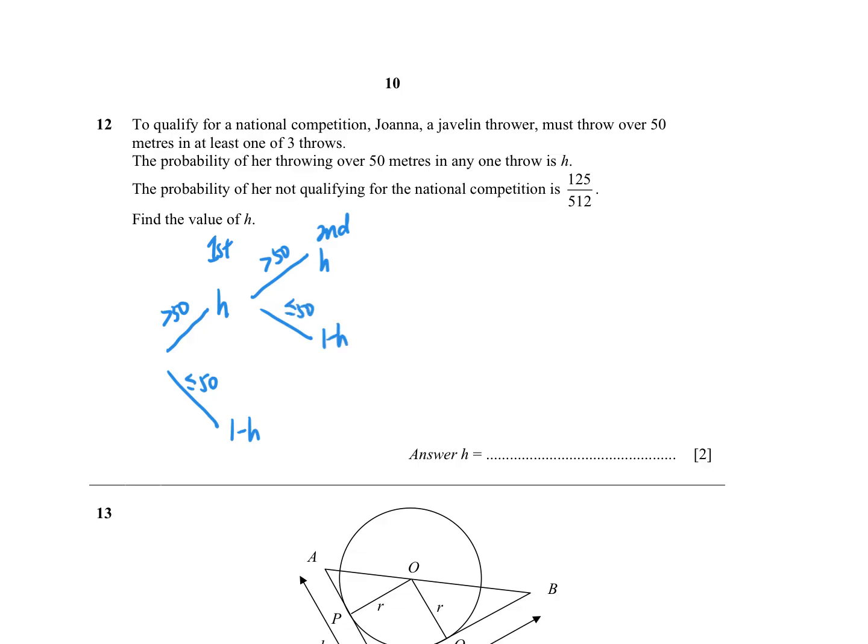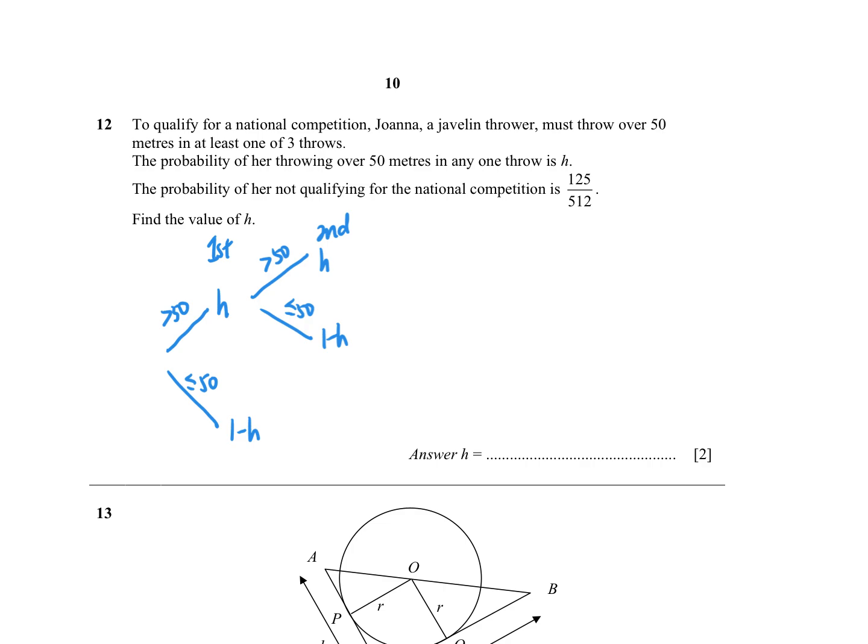So if I want to find the probability of her not qualifying, you want to find H of 3 outcomes. So usually for 3 outcomes, we multiply the probability. You cannot take it to be one dimensional. Okay, wait.